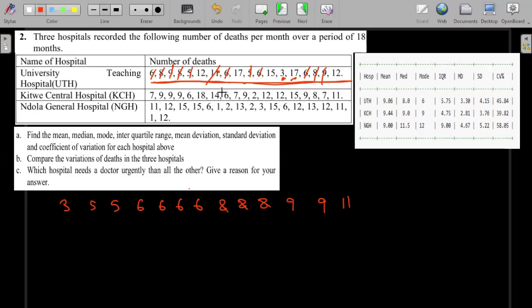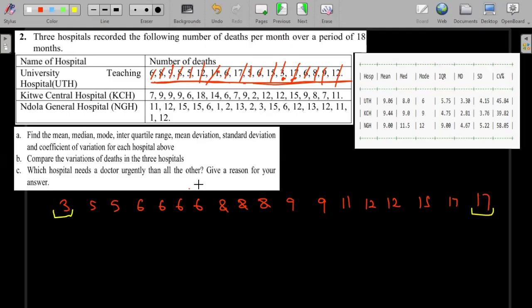Then I go to 12, and I have 1, 2, so I'll write 12 and another 12. Then I'm going to write the 15; I only have 1. And then 17 and 17. So I've ordered my data from the lowest, which is 3, to the highest, which is 17.